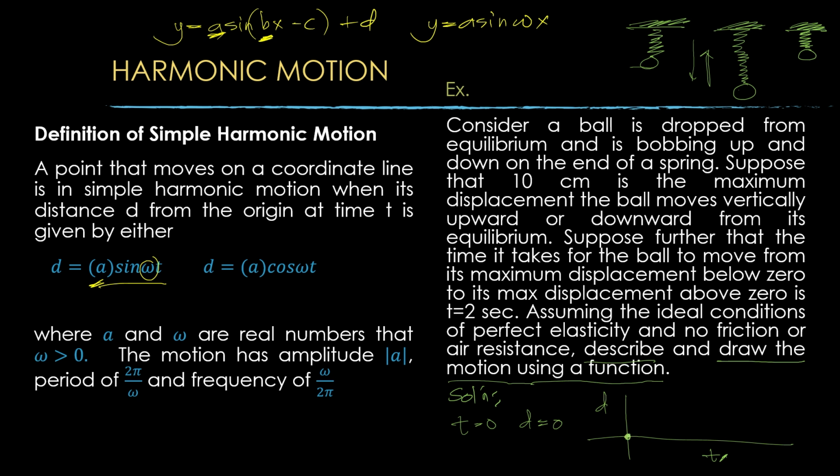So it's somewhere here. We now already have a clue what function we are going to use. Since the cosine function starts at the maximum, we will not use cosine. We use sine because it starts at 0.